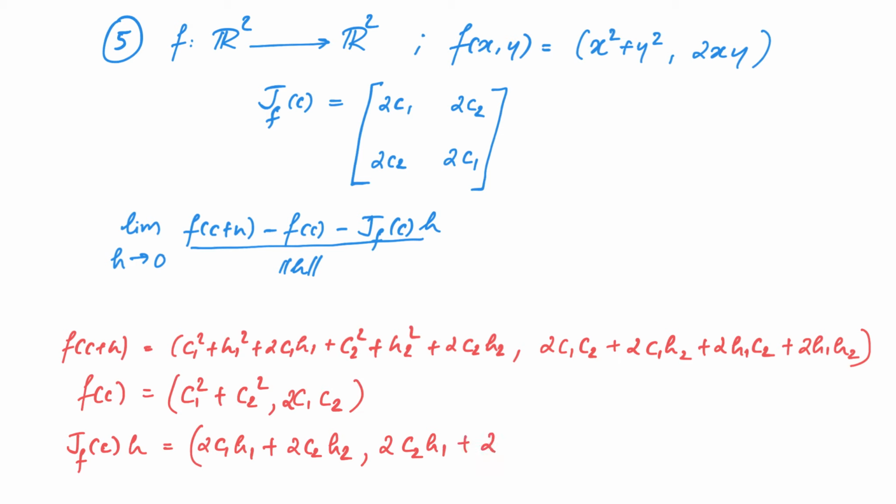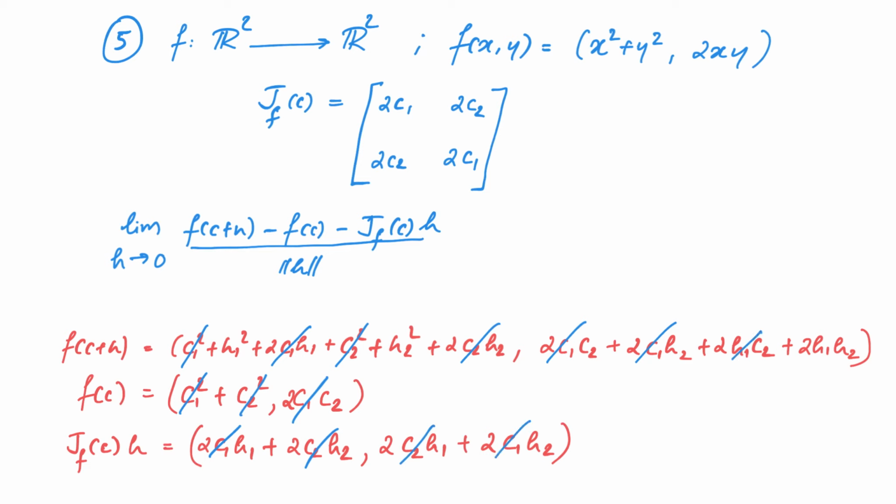Once we have these three terms, we can subtract them component wise. And when we do this subtraction, we can cancel off many terms. For instance, we can cancel off the c1^2, the c2^2, 2c1c2, then 2c1h1, 2c2h2, 2c2h1 and 2c1h2.